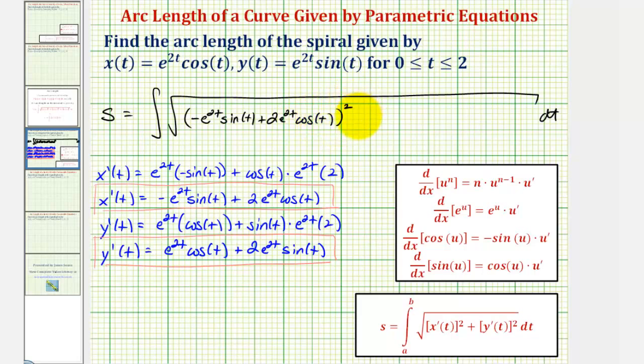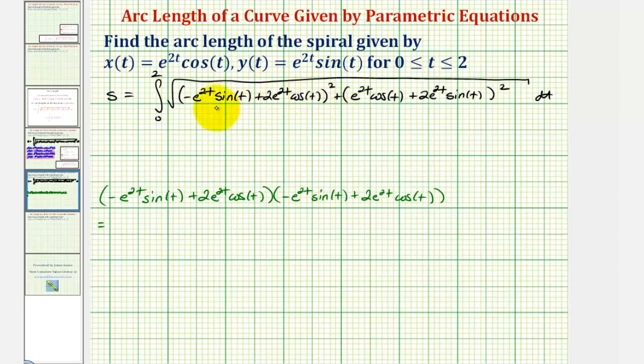This is all squared, plus y prime of t squared, which is e to the 2t cosine t plus 2 e to the 2t sine t. And again, this is all squared, and we're integrating on the interval from 0 to 2. Let's begin simplifying the radicand on the next slide.